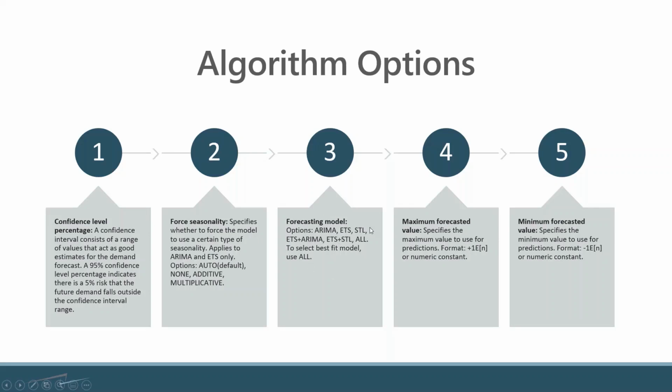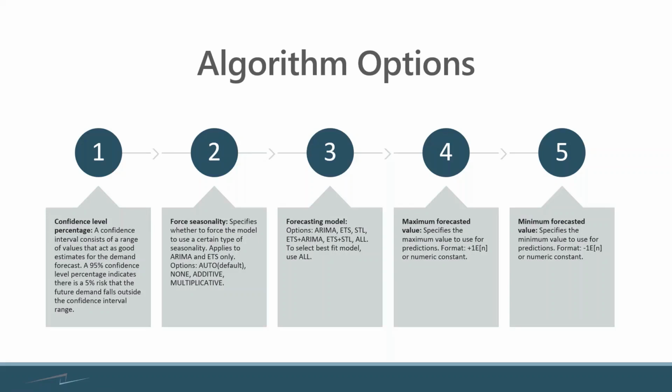This is a spot where you might end up setting a particular forecasting model for a particular item allocation key. If you know that certain items just seem to work better with ETS from your testing, then you can set ETS to be used for that item allocation key, whereas in general, you would be using all and it would look for the best option.